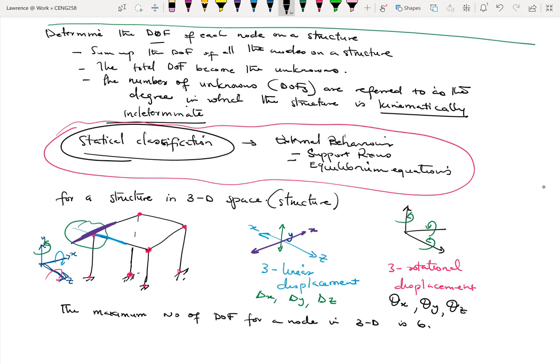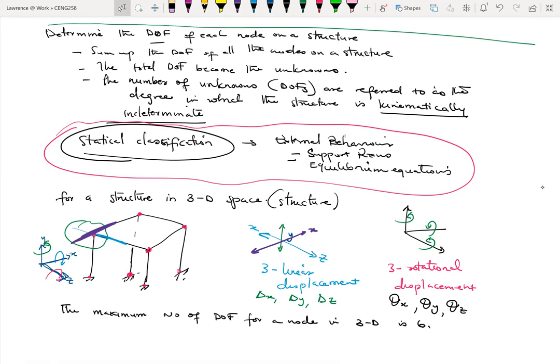All right. 3 for translational and 3 for rotational. All right. So this is the maximum.